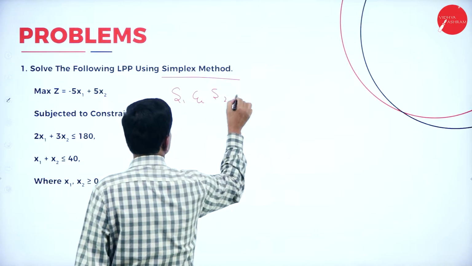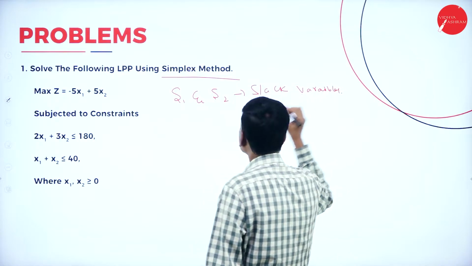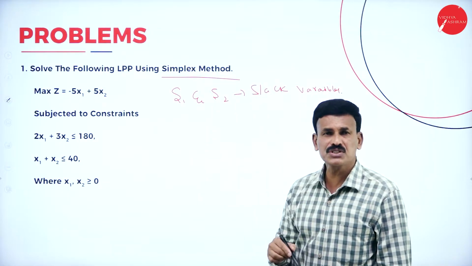S1 and S2 are the slack variables. Here the initial cost of S1 and S2 is 0.